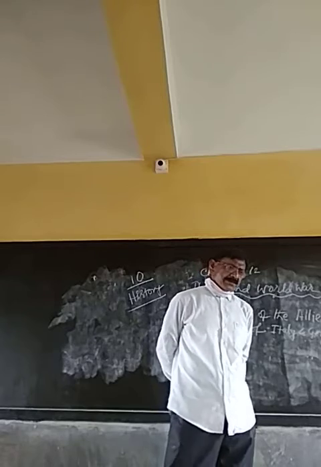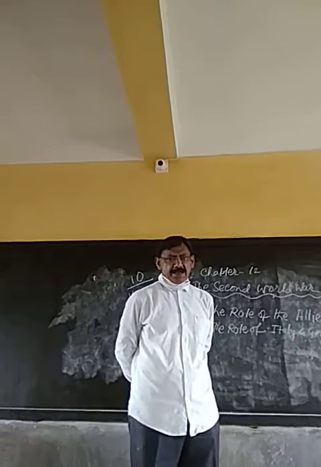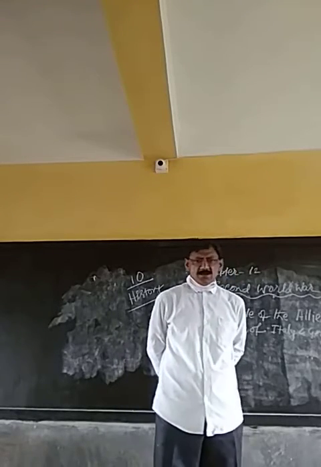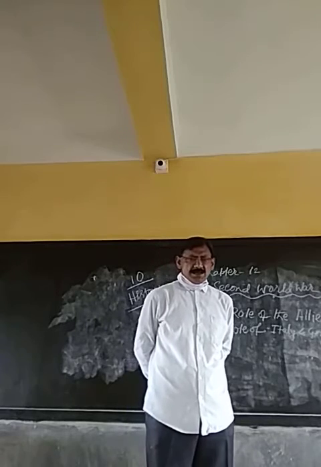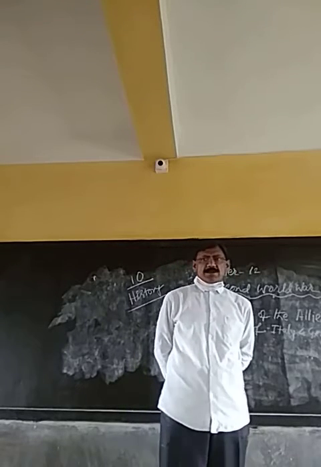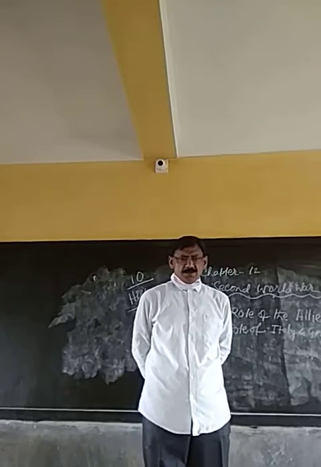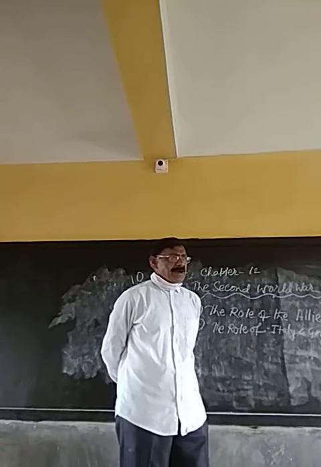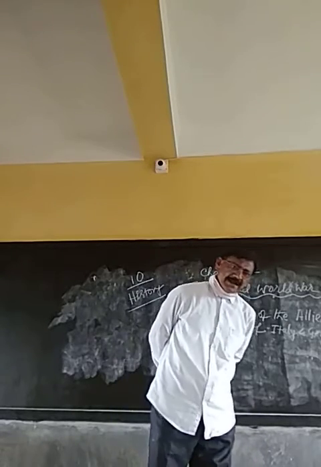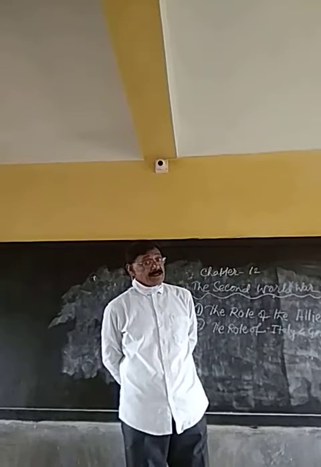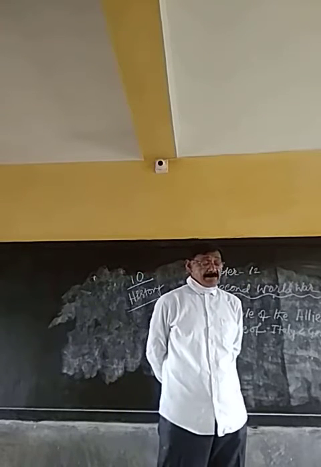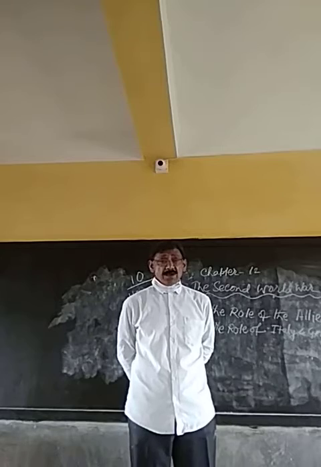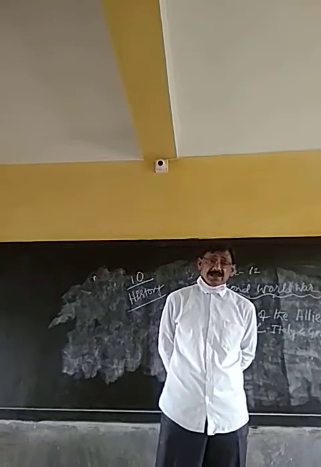The Allied powers favored the decision of Poland, but Germany did not allow it. Germany did not allow one inch of land for Poland to be used as a corridor, but it was given to Poland at the end of the First World War, under the terms of the Treaty of Versailles.